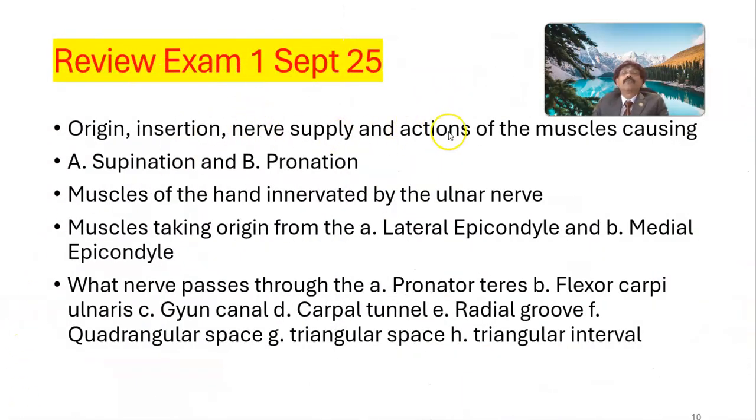Origin, insertion, nerve supply, and action of the muscles causing supination. Supination is done by the biceps brachii, particularly it helps in flexion of the elbow in full supination. It is a strong supinator. Okay, it also causes flexion of the elbow joint, and flexion is good when the forearm is supinated.